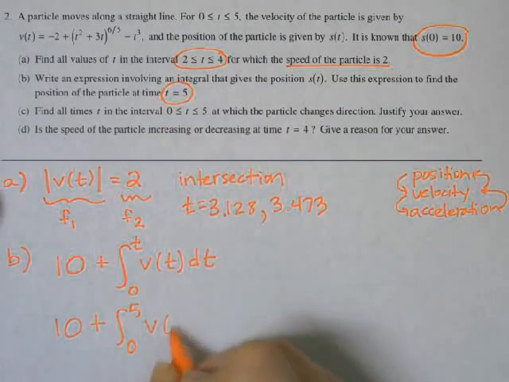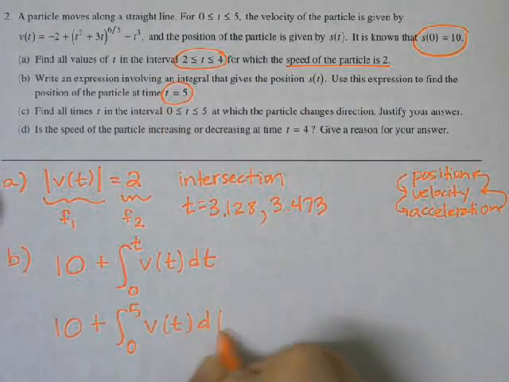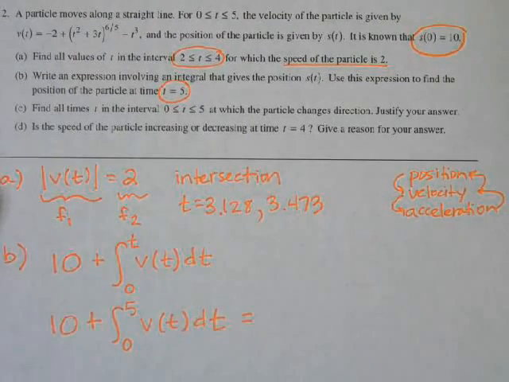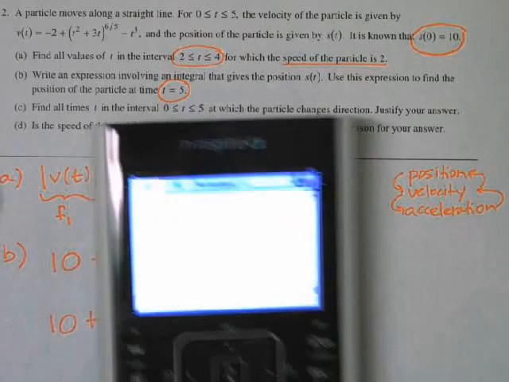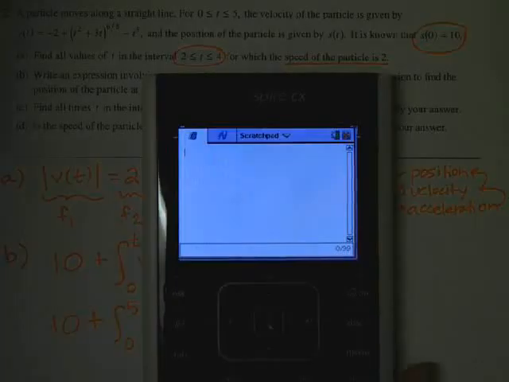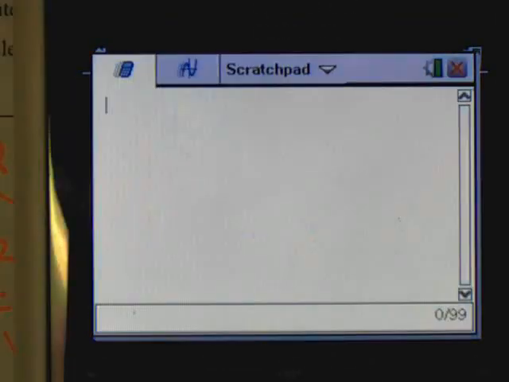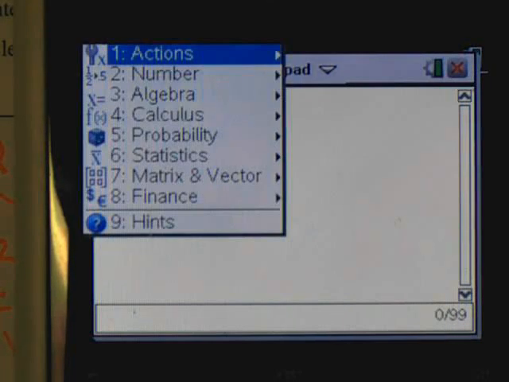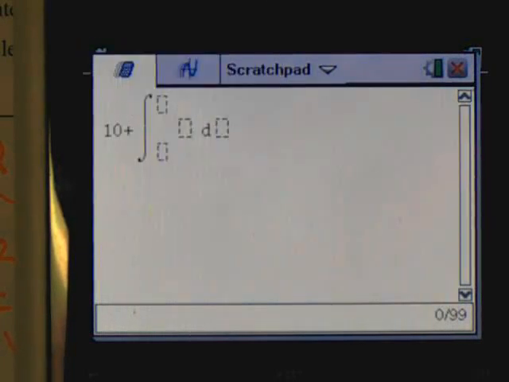So the initial position plus, and then if we integrate from 0 to 5, that'll give us the change in position from 0 to 5. -9.207. So that means after 5 units of time, whatever they were, seconds, minutes, whatever, the particle would be at -9.207.